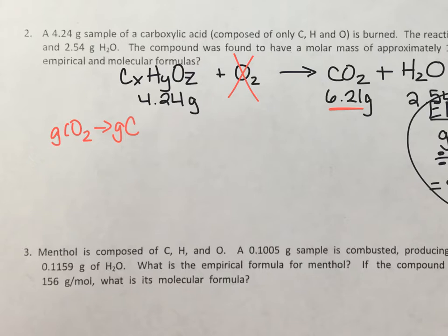So we're going to start with the 6.21 grams of carbon dioxide. I'm going to bring my words down to the right. Can I go straight from grams of carbon dioxide to grams of carbon? No. Who do I probably have to change into first? Most likely the mole. Right, good.